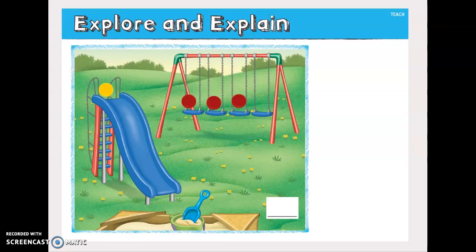How many total children are at the park? So we're going to count all of our counters. 1, 2, 3, 4. So there were 4 children at the park in all. So I'm going to take my pencil and write the number 4 in this answer box at the bottom. Okay, so let's go to the next one. Let's double check. Oh, yep, our answer is 4.